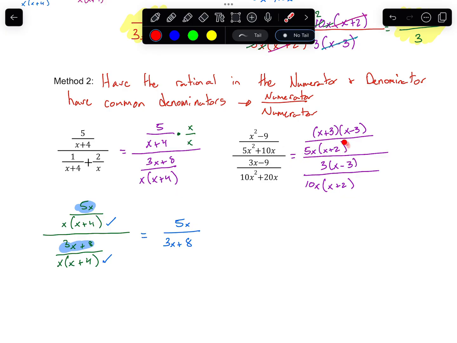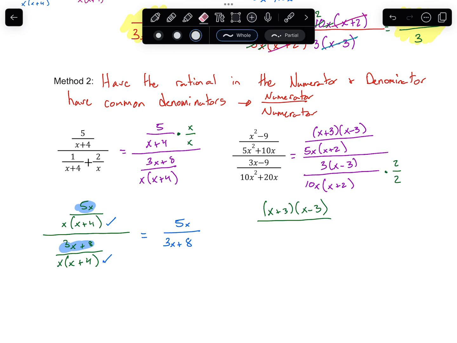So as I look at my denominator up top and my denominator on bottom, really I just have to multiply this expression by 2 over 2.